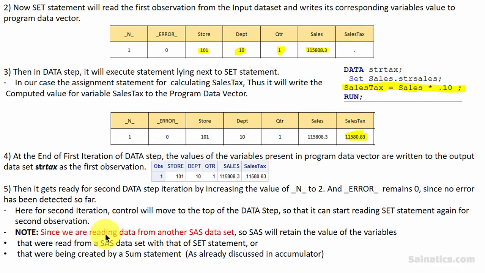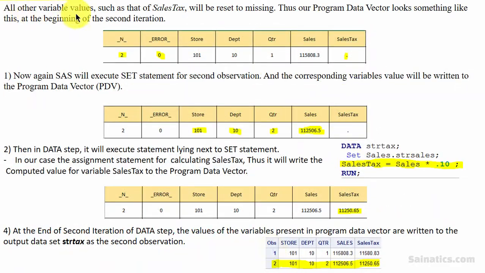Note, since we are reading data from another SAS dataset, SAS will retain the values of the variables that were read from a SAS dataset with the set statement or that were being created by a sum statement as we have already discussed in accumulator. All other variables such as sales tax will be reset to missing, thus our program data vector looks something like this at the beginning of the second iteration.